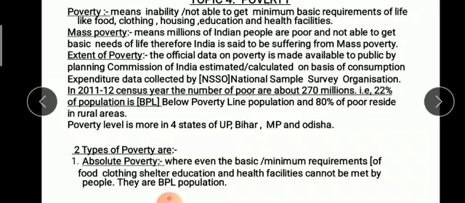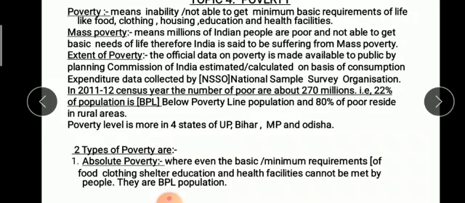So poverty is more in rural areas. Poverty level is more in 4 states: UP, Bihar, MP and Odisha. That is Uttar Pradesh, Bihar, Madhya Pradesh and Odisha.